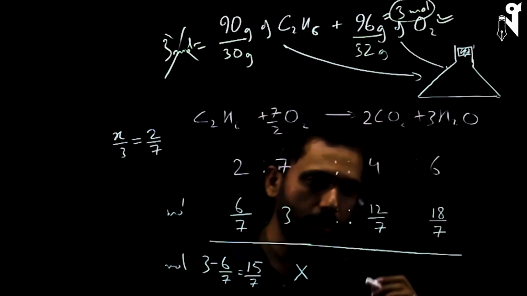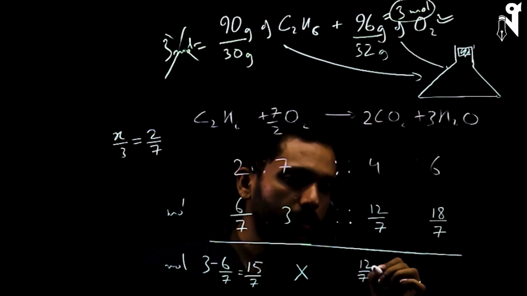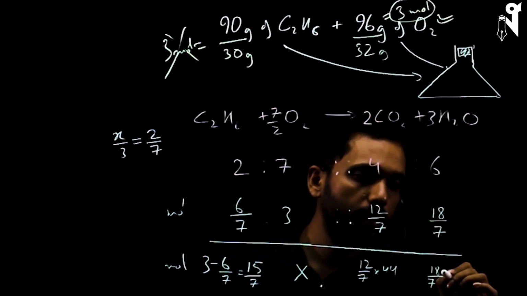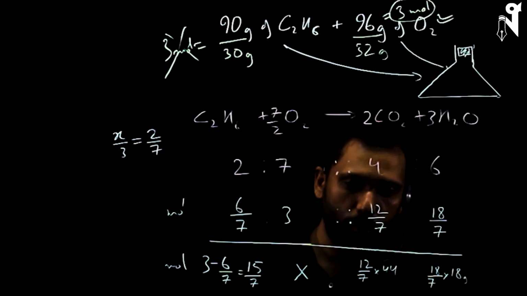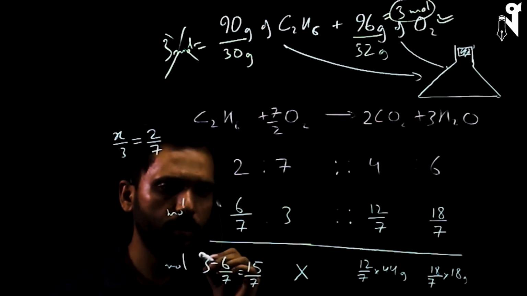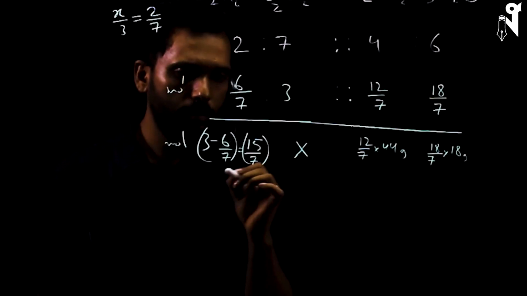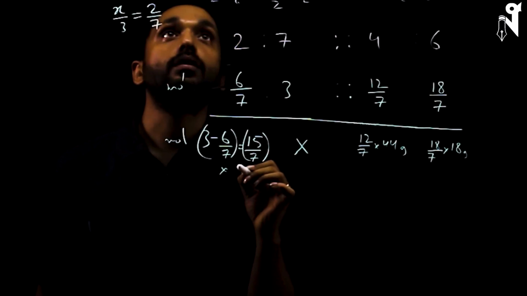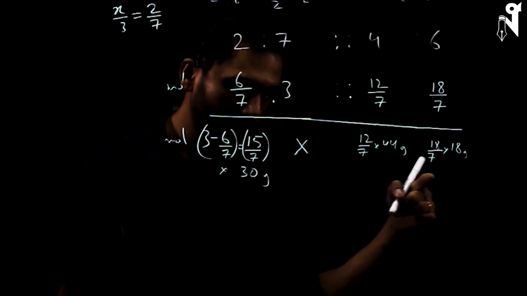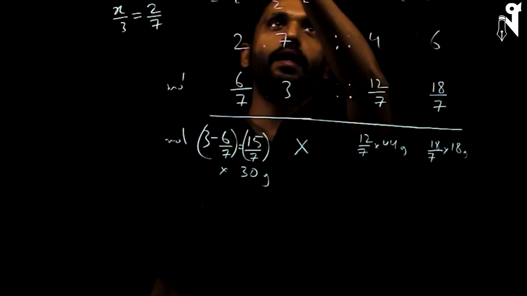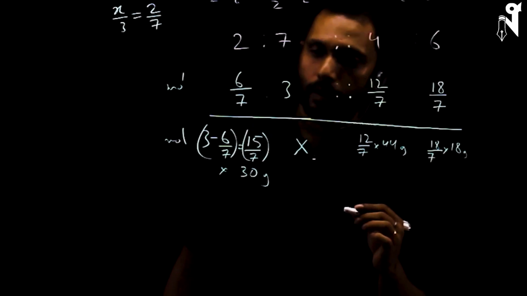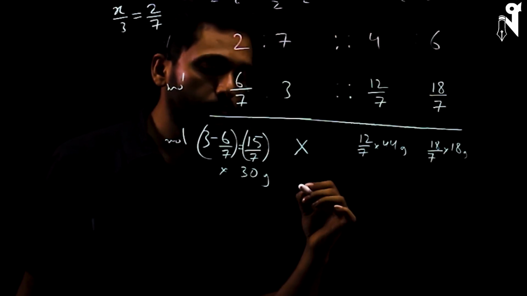So many moles. So what in grams? 12 by 7 into 44 grams. 18 by 7 into 18 grams. And what in grams for this? This into 30 grams. So if I add all this, I'm expecting to get 90 plus 96, 186, as my cross verification, not answer.